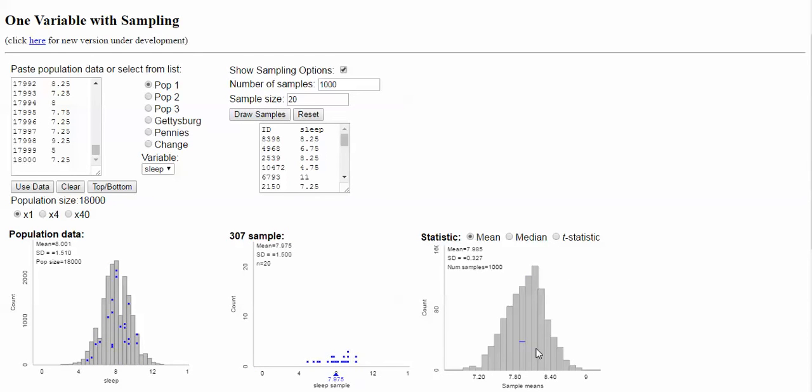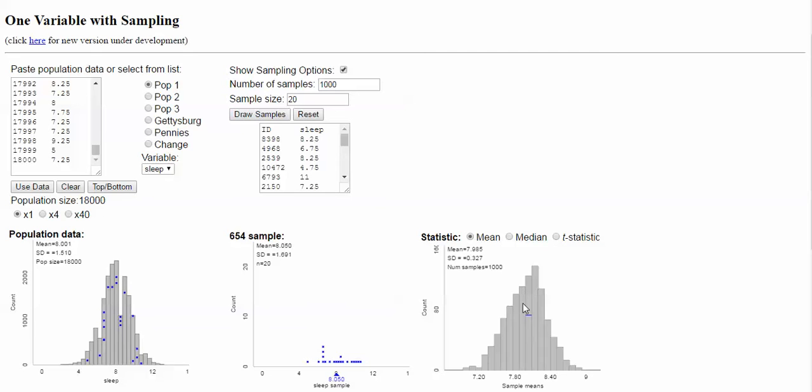Now, in this graph, each building block is the mean of a certain combination of 20 people. This is the mean of these 20 people. This is the mean of these 20 people, and this is the mean of these 20 people. This is basically just a pile of building blocks, and each building block is the mean of a certain combination of 20 people.